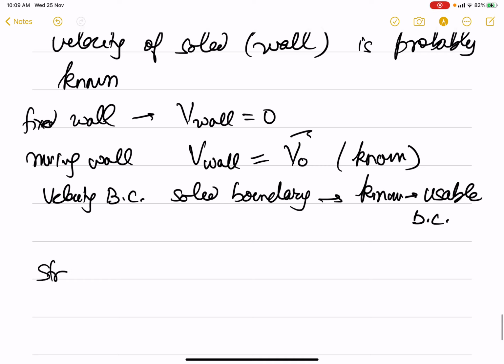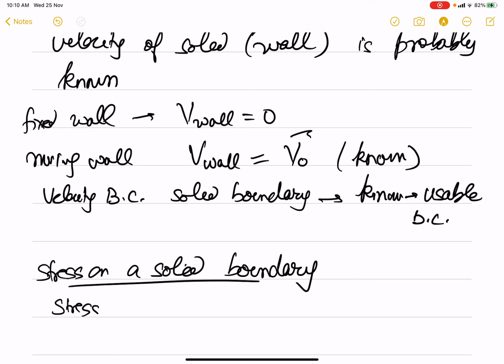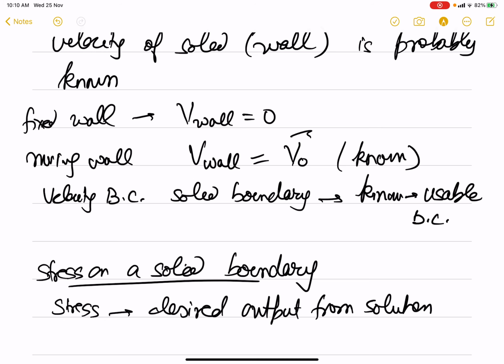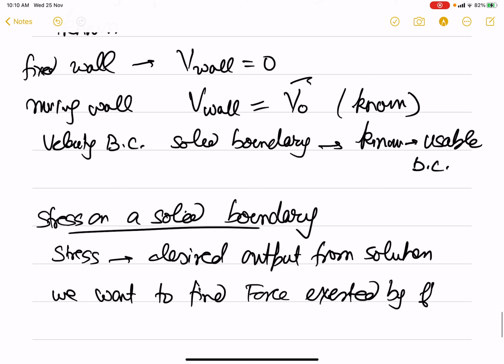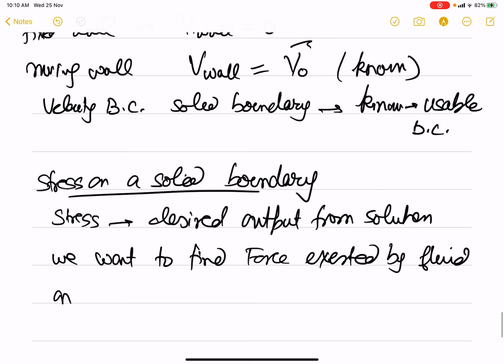Now what about stress on a solid boundary? On a boundary where a fluid is interacting with a solid, what about the stress? Stress actually will be the desired output from the solution, because what we want to find is the force exerted by the fluid on the solid surface.